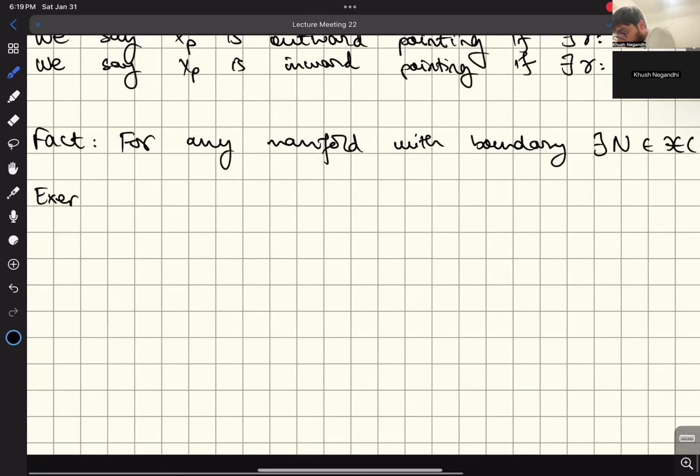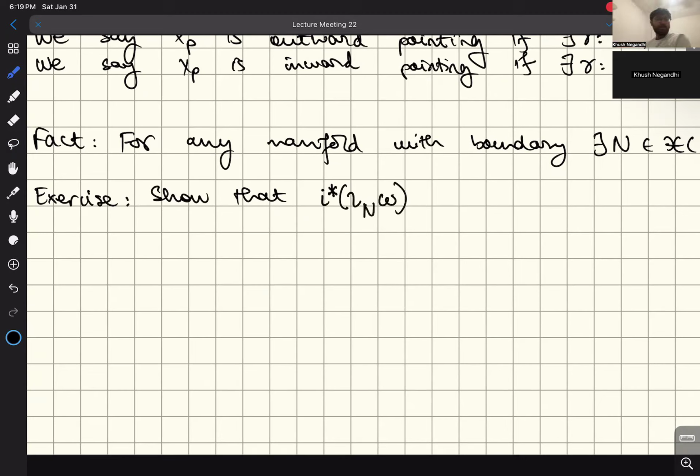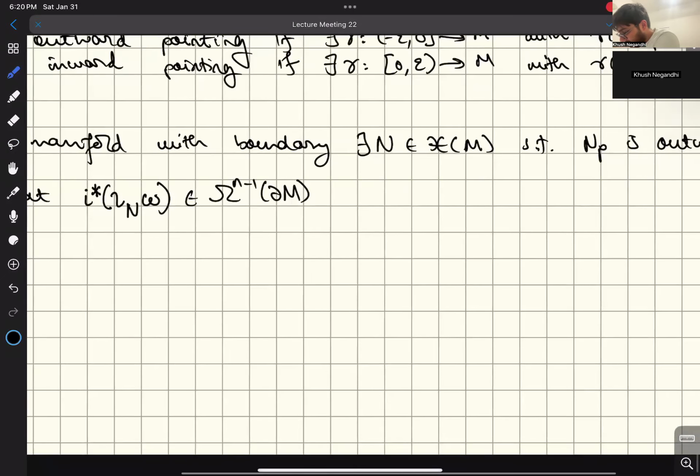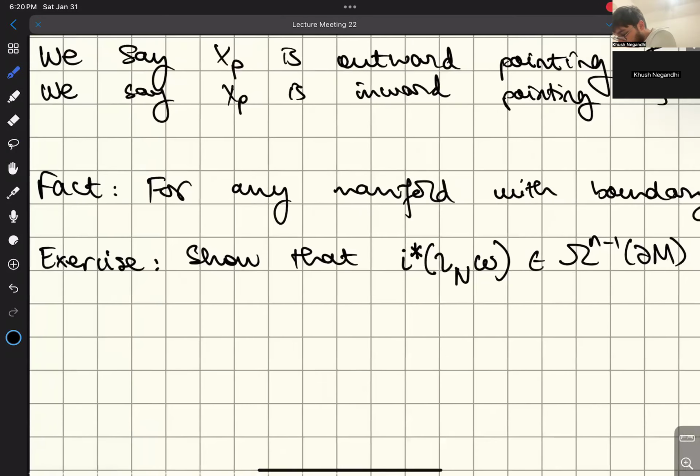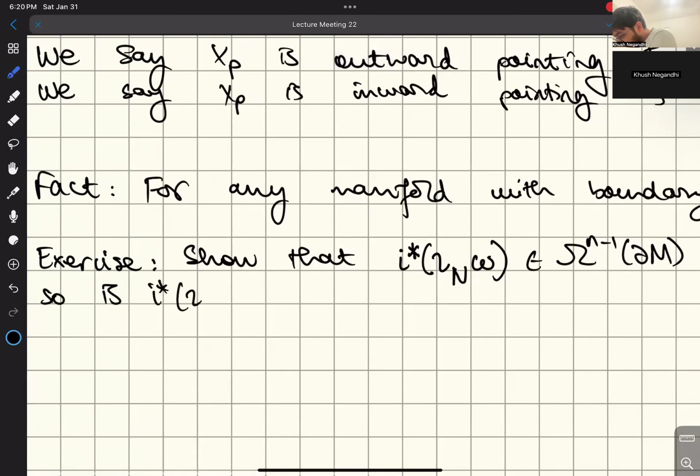And now an exercise: show that if I take the inclusion map and pull back the orientation form, or the volume form, omega, and if omega is a volume form, then so is this pullback.